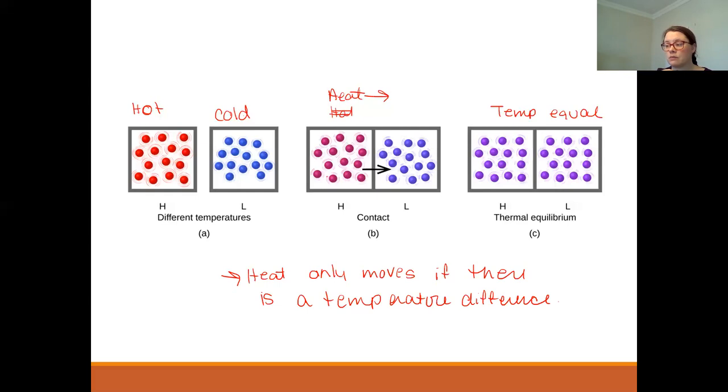For example, let me think of what we have that would be in contact that's 2 different masses. Okay, for example, my house. The house is the same temperature as the air outside.